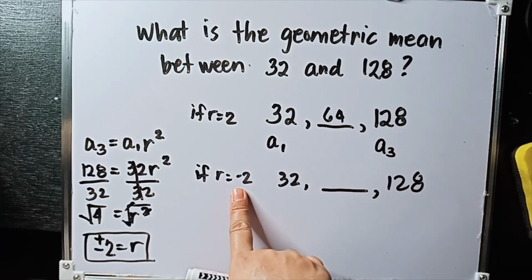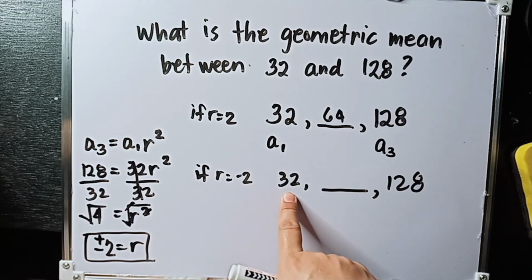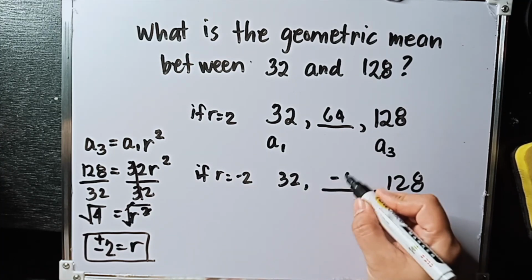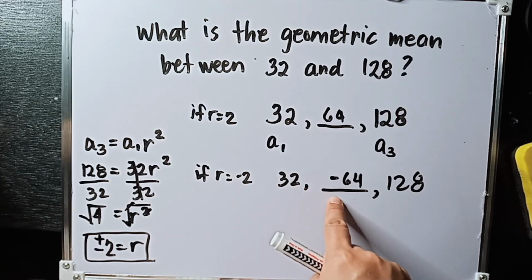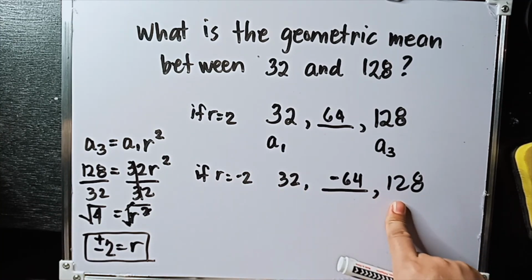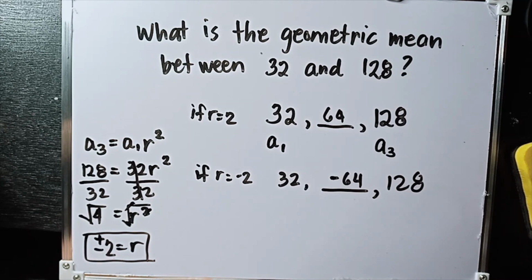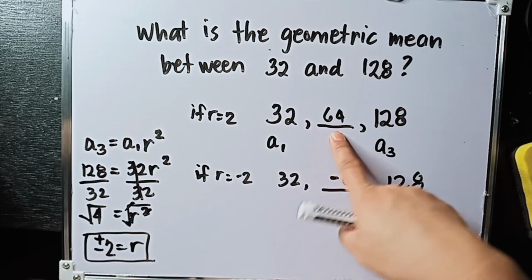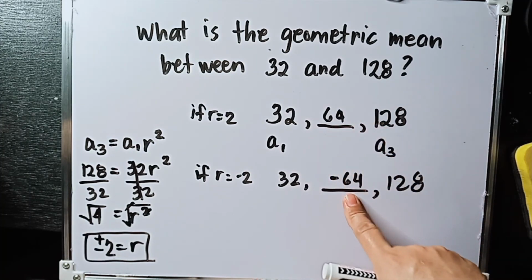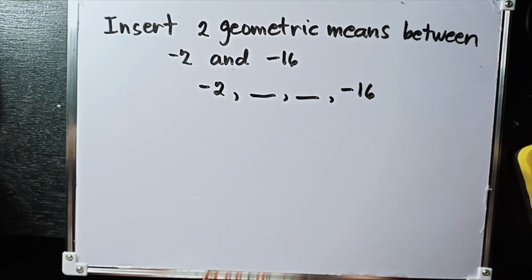So negative 2 times 32 is negative 64. Negative 2 times negative 64 is positive 128. It means that we have two values for the geometric mean. It could be positive 64, or negative 64.